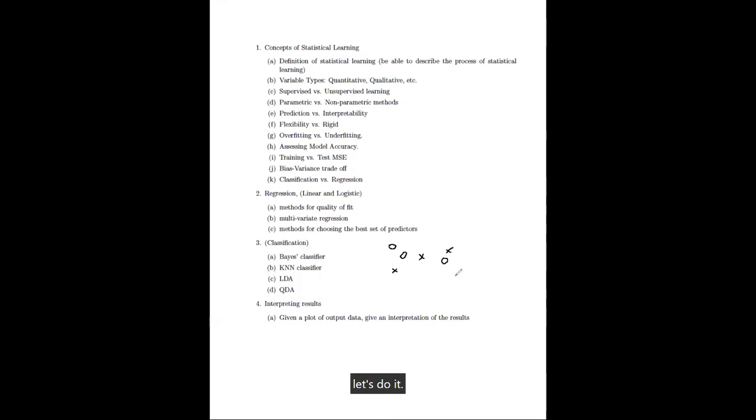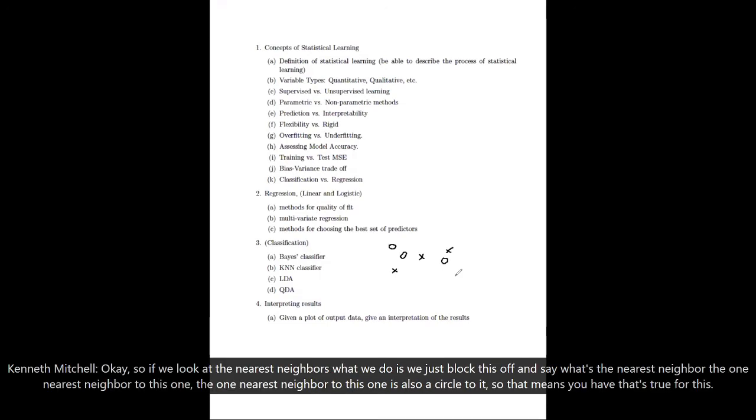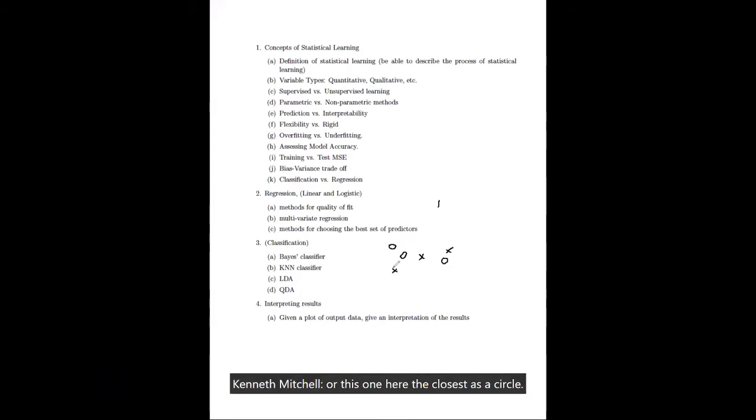Okay, so if we look at the nearest neighbors, what we do is we just block this off and say, what's the nearest neighbor, the one nearest neighbor to this one? The one nearest neighbor to this one is also a circle. So that's true for this. For this one here, the closest is a circle, right?